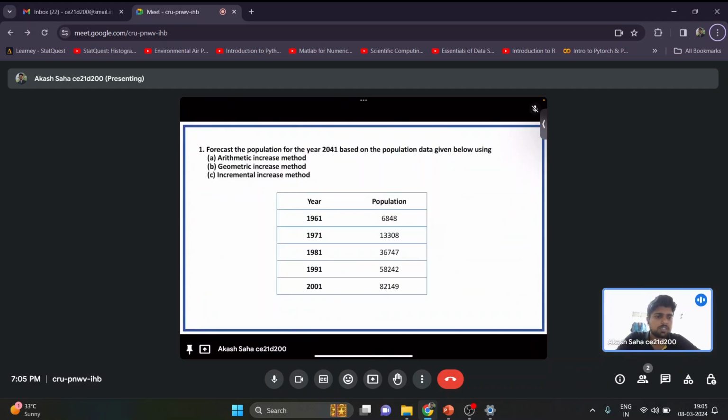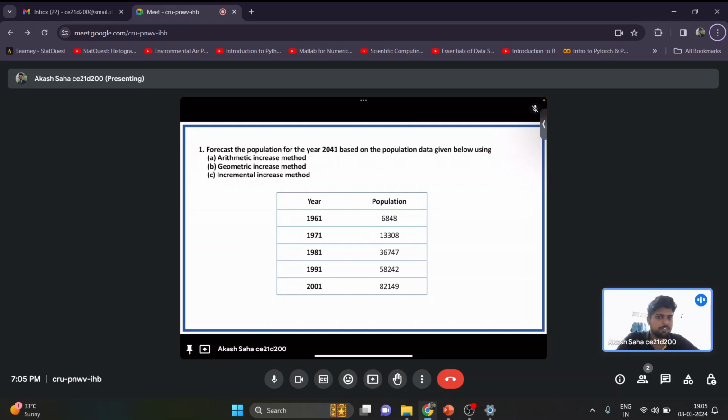Okay, so this is the first question, which is related to population forecasting. It says: forecast the population for the year 2041 based on the population data given below using the arithmetic increase method, the geometric increase method, and the incremental increase method.